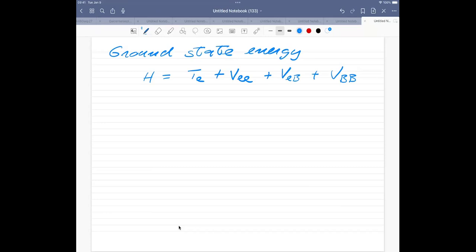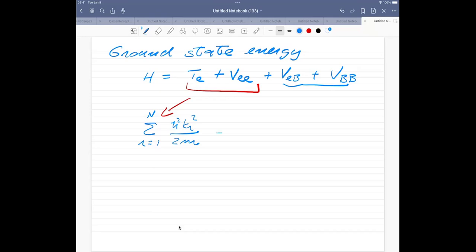We're going to look at these two terms a little bit later. So let's just look at these two terms here. The first term is equal to the sum over i from 1 up to the number of electrons, of h squared k_i squared divided by 2m. And now I'm thinking of this system as a system in a finite box.